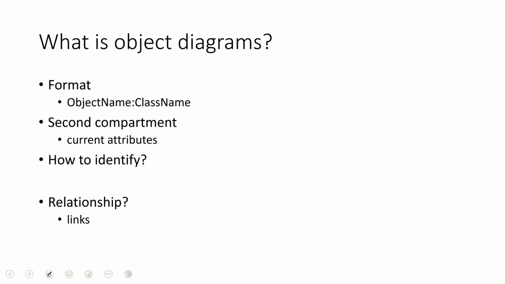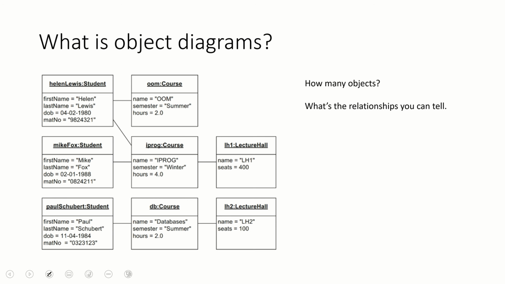Based on this, we can link different objects as long as the objects have different interactions. Look at this example. You can pause for 30 seconds to count how many objects there are and what relations you can tell.